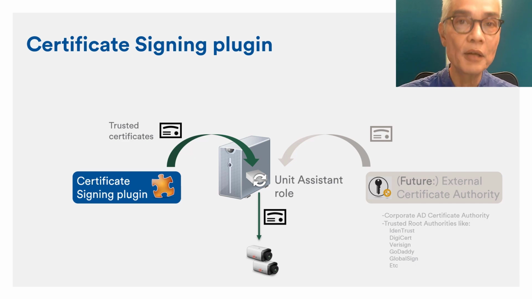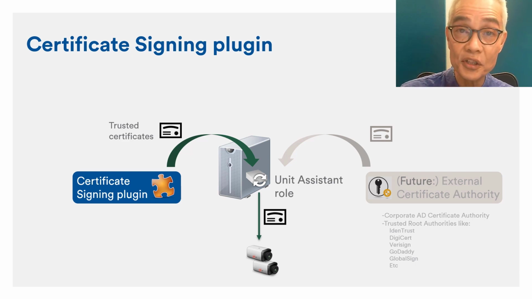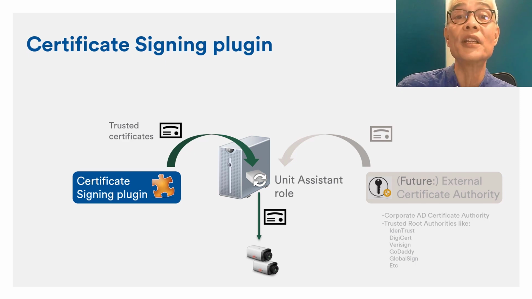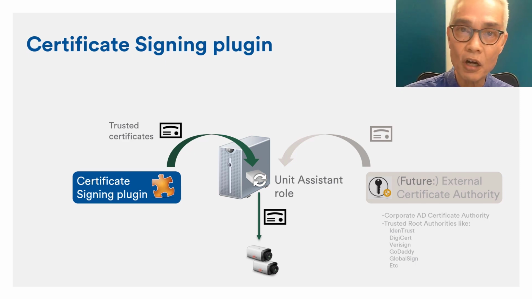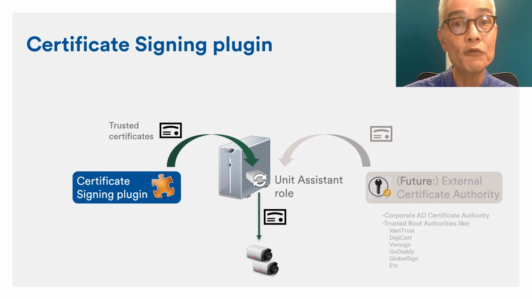It's included in the basic installation, but this certificate signing plugin acts a little bit as if it was a certificate authority, creating and signing certificates, passing them to the unit assistant role so that the unit assistant role can then push it down to the hardware itself. And once the certificate has been installed in the hardware, we have a way to validate if we're talking to the actual hardware or not.